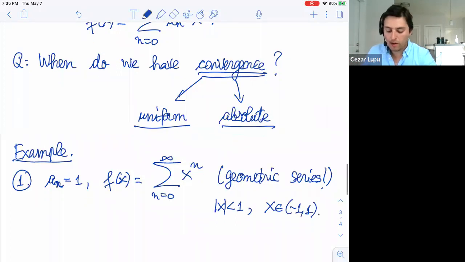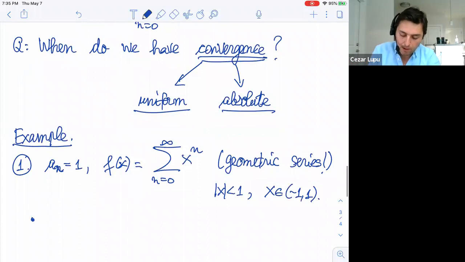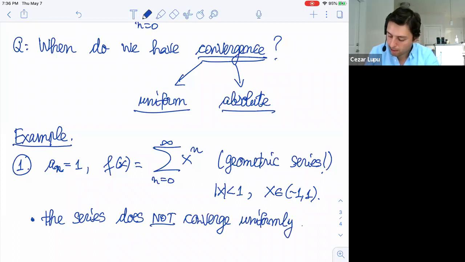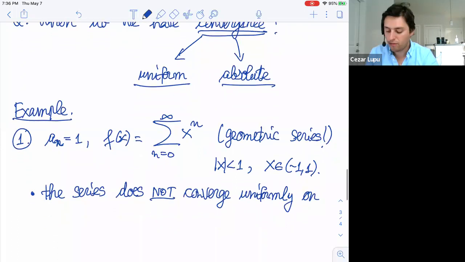What do we know? We've seen that the series does not converge uniformly on the entire interval (-1, 1). We've seen that, right?